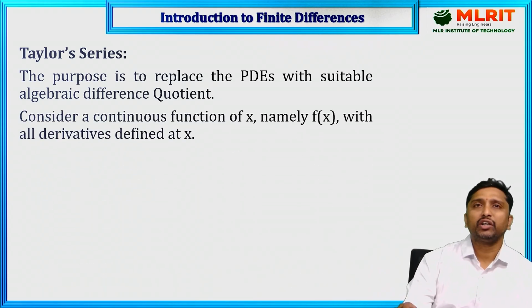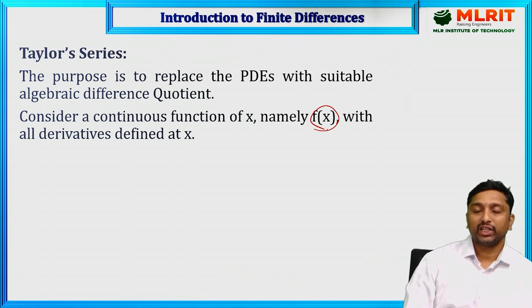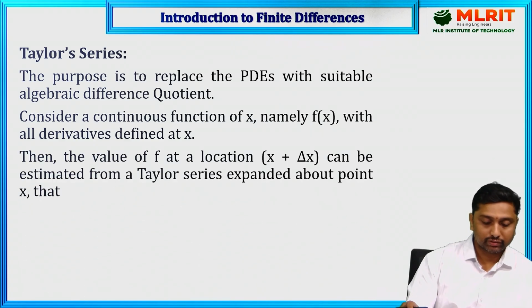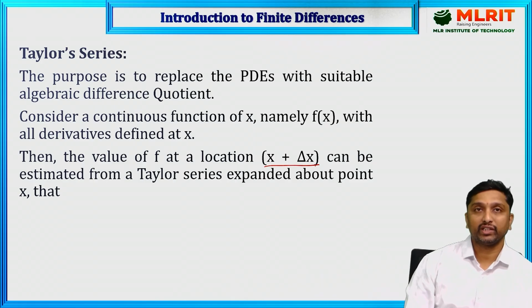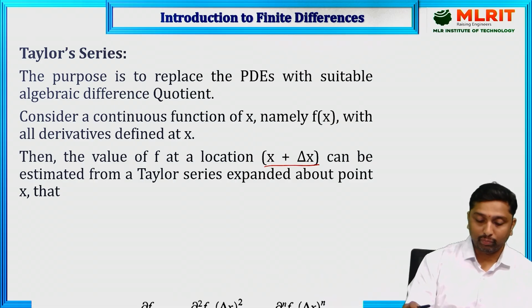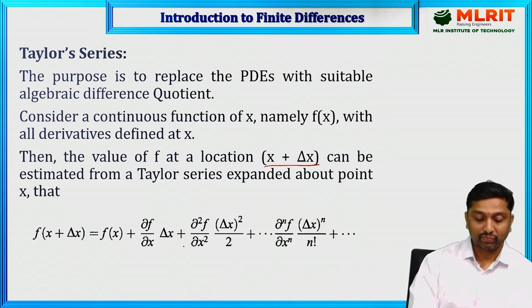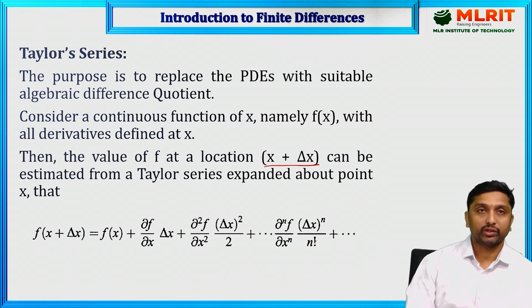Consider a continuous function of x, f of x, which has derivatives all over x. Using Taylor series, the value f of x plus delta x can be obtained using this formula: f of x plus delta x is equal to f of x plus dou f by dou x into delta x, plus dou square f by dou x square into delta x square by 2 factorial, and so on, up to dou n f by dou x n into delta x n by n factorial.